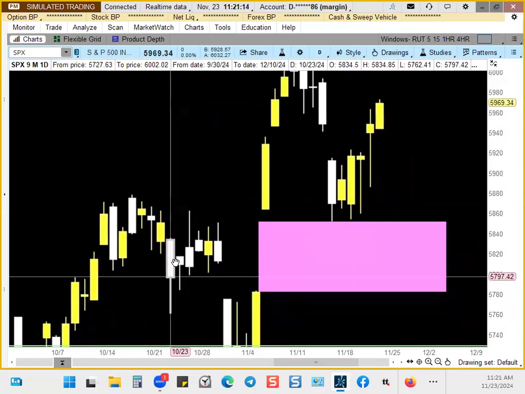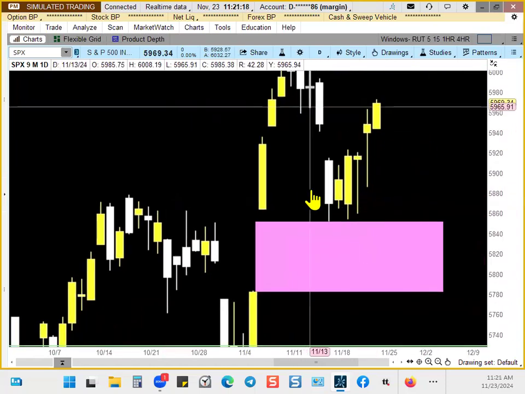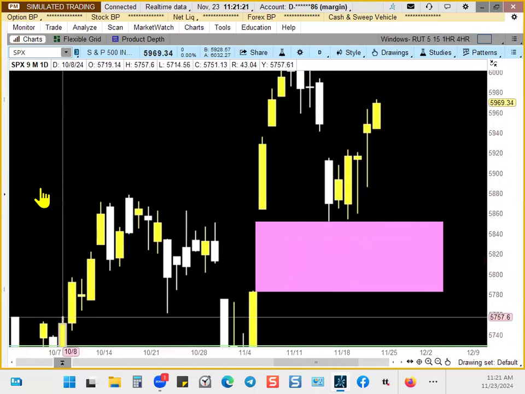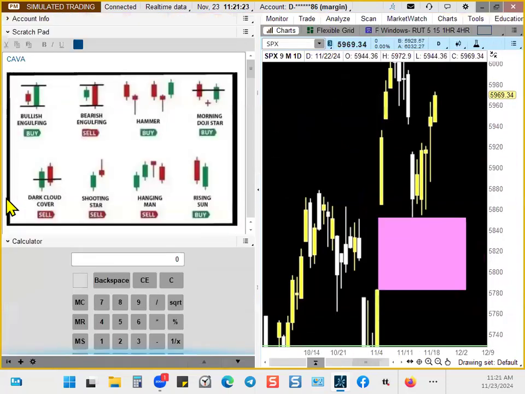As a matter of fact, for the other formation on the opposite side, the bullish engulfing, same thing.